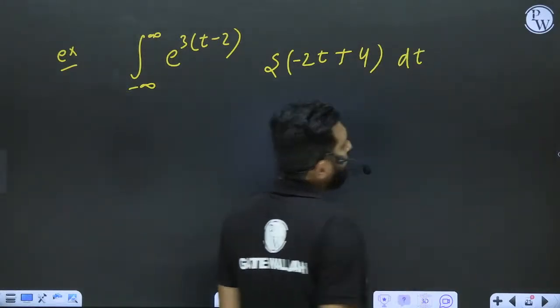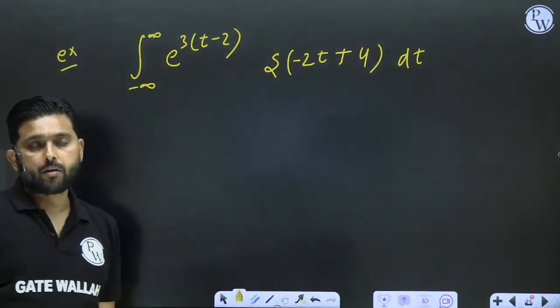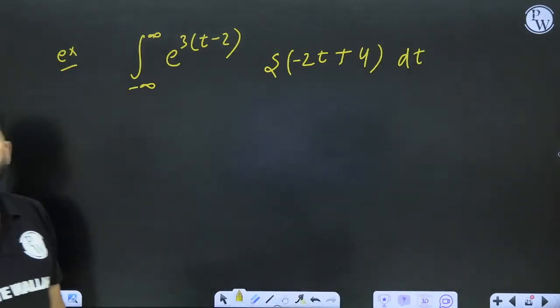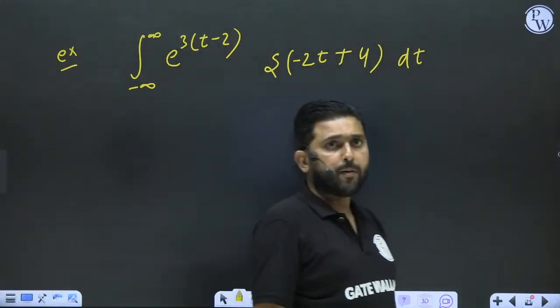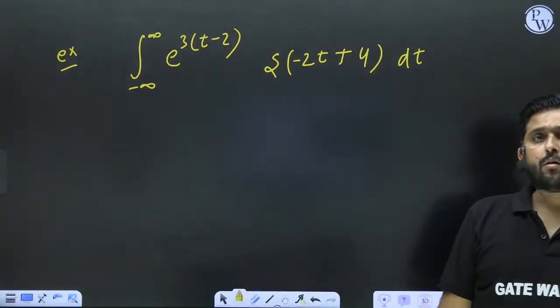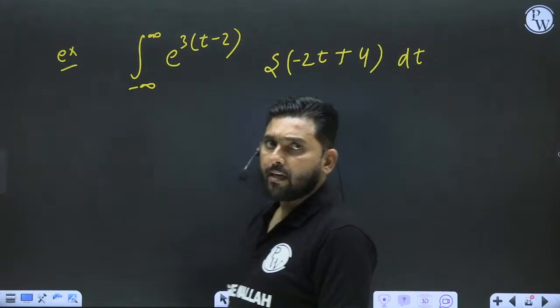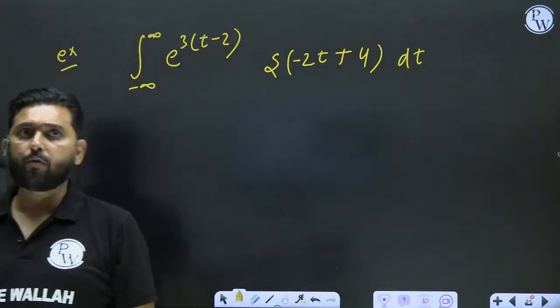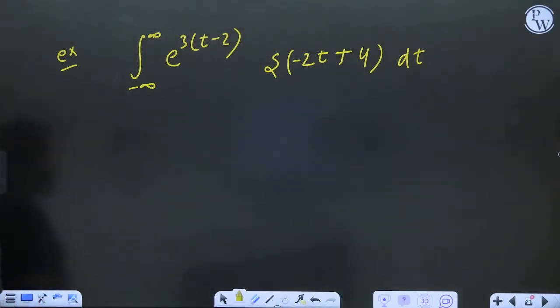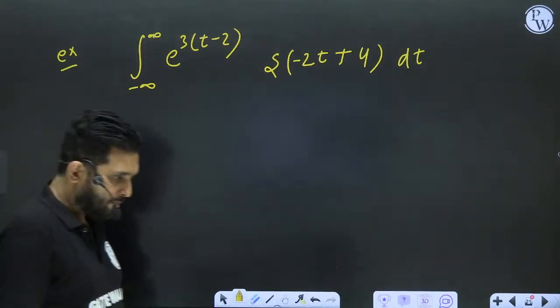Someone asks you to find this integral. Can you find this integral? Come on. e to the power 3t minus 2 delta of minus 2t plus 4 dt. Easily you can find it. Come on.